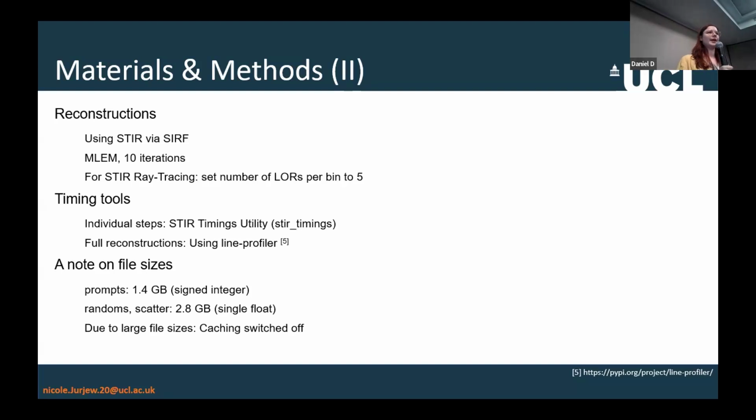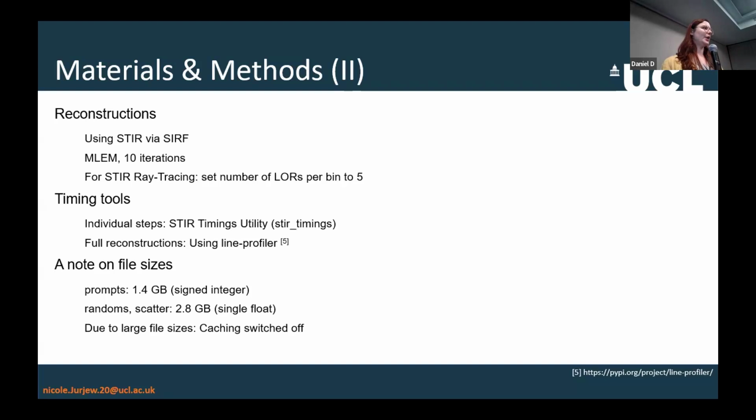When you set it to a lower value, it can produce artifacts. For the timing tools, for the individual steps, the forward projections and back projections, we used the STIR integrated timing utility. And for the full reconstructions, we used the Python module line profiler.